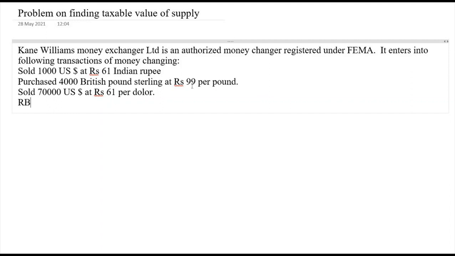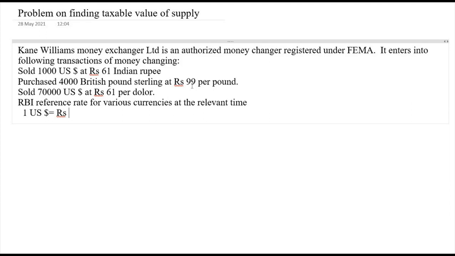RBI reference rate for various currencies at the relevant time: $1 equals rupees 60.